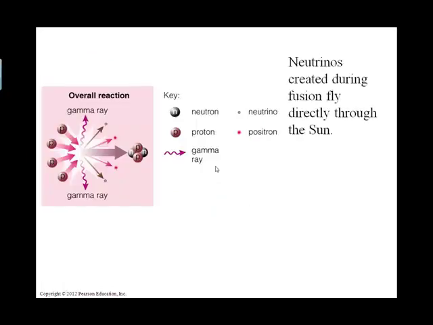The other thing I want to talk about is that for every 4 protons that come together, one atom of helium is made, and notice that we get 2 neutrinos. If that is true, then we should be able to see those neutrinos. Now, the problem is neutrinos are nothing like neutrons in that neutrinos pass right through matter. Neutrons do not.